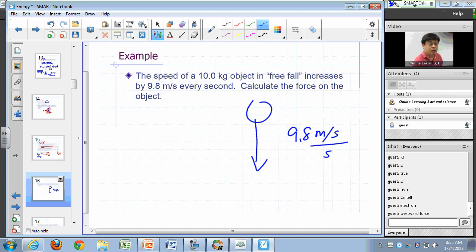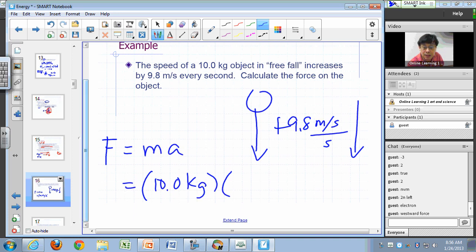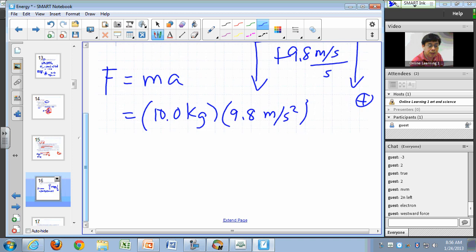So what we do here, the force is equal to mass times acceleration. And so the mass of our object is 10.0 kilograms. Our acceleration, are we going to use positive or negative here? It doesn't matter. I want the downward direction to be positive, so I'll use positive. If I want it negative, I'll use negative. I'm just going to say the downward direction is the positive direction, so I'll just keep it at positive 9.8 meters per second squared.